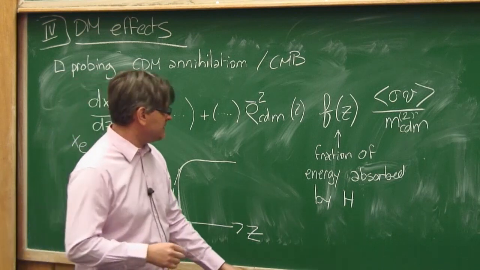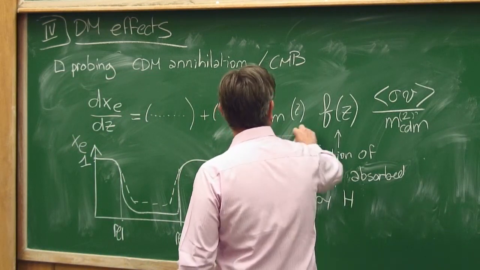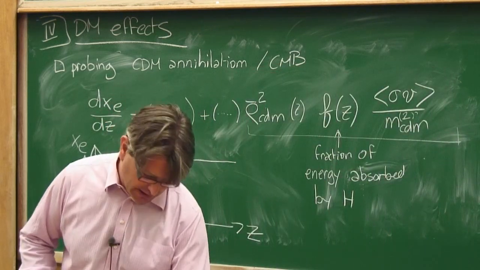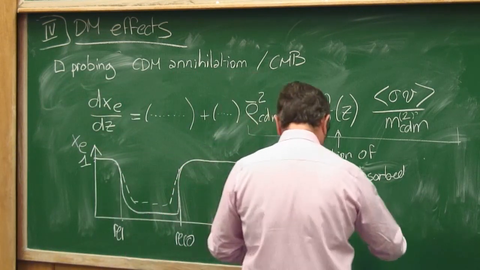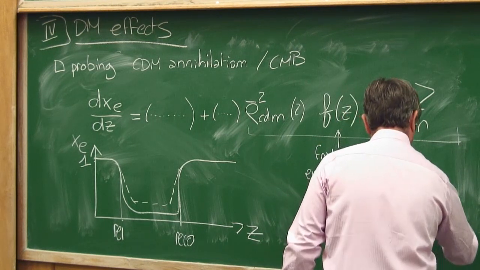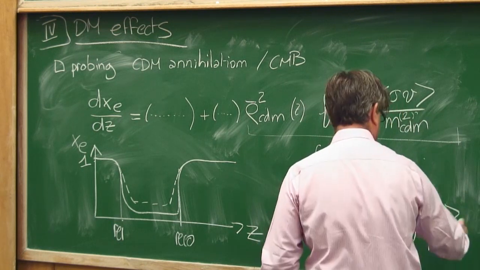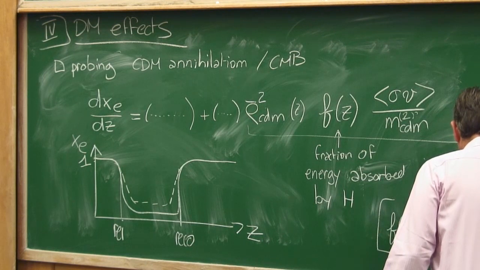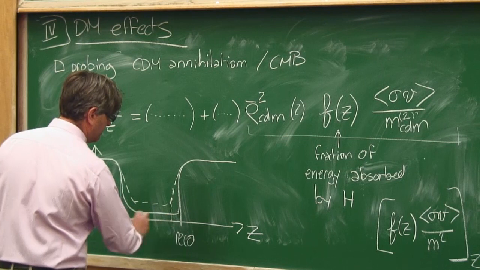People have shown that it's very difficult with the CMB to do a detailed mapping of this function as a function of time, but it seems that the CMB is mostly sensitive to the product f of z sigma v divided by m, so probably m square, evaluated around the redshift 600. This is when you are more sensitive to this effect. So it's slightly after recombination.